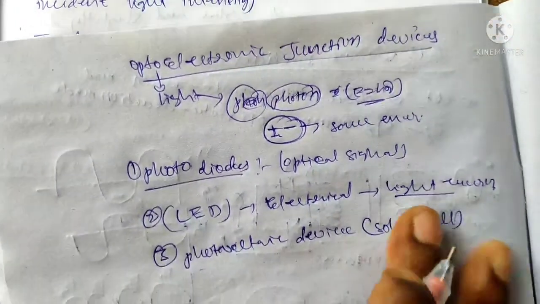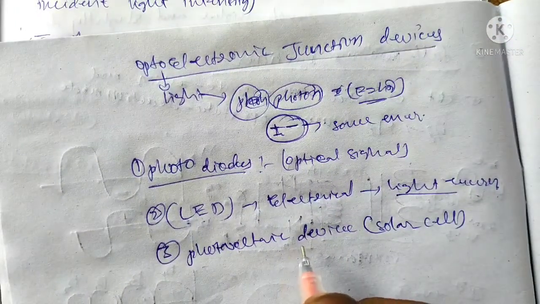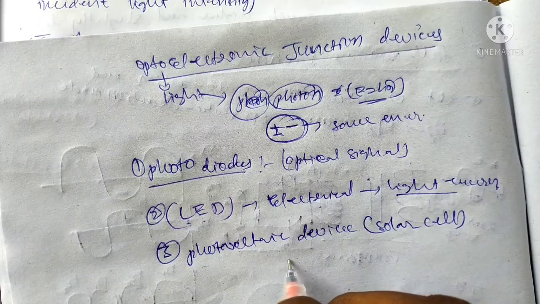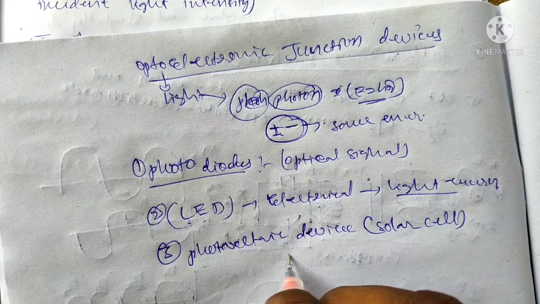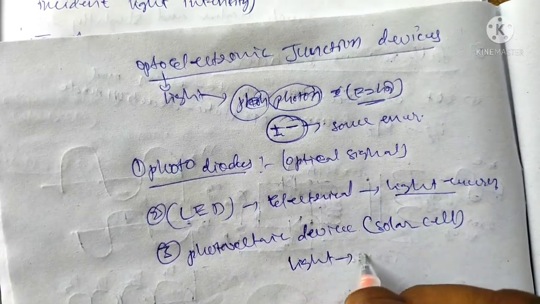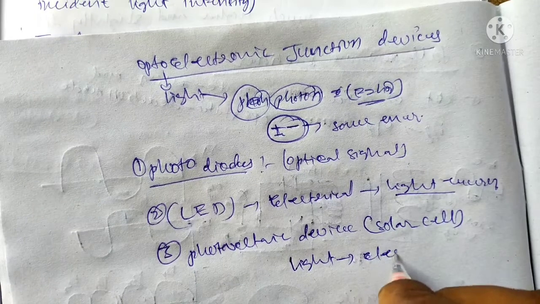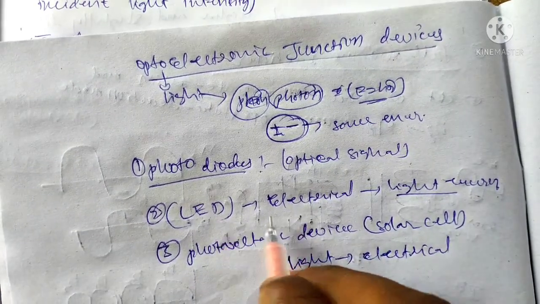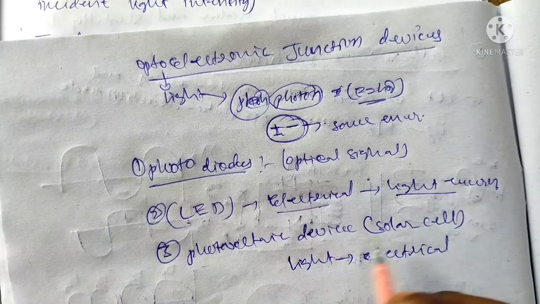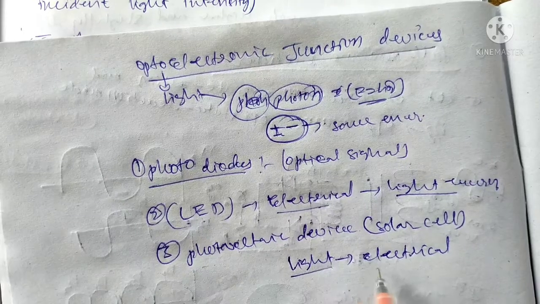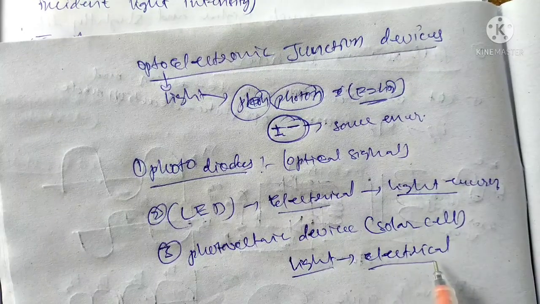Solar cell is nothing but a photovoltaic cell. Here, in the case of an LED, electrical energy is converted into light energy. In the case of a photovoltaic cell, that is a solar cell, light energy is converted into electrical energy.